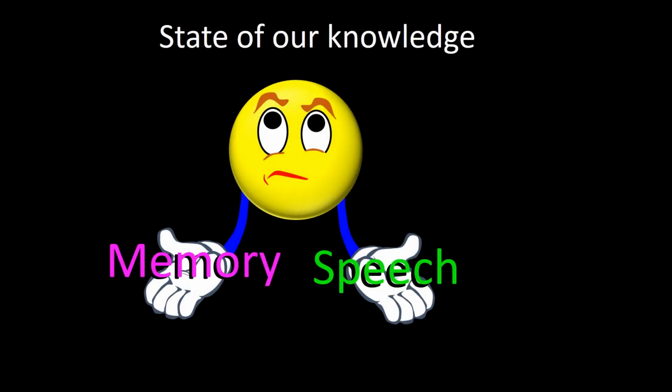I have brought up the speech models at the beginning of this talk in order to highlight the shortcomings of our current memory model. I will do this by comparing where we are historically in the development of the perfect memory model in relation to where we are in the development of the perfect speech model.